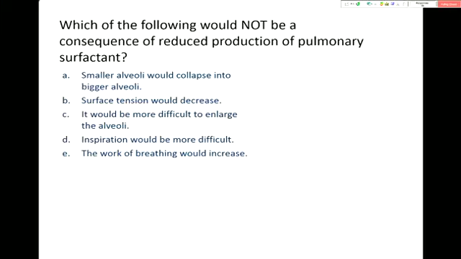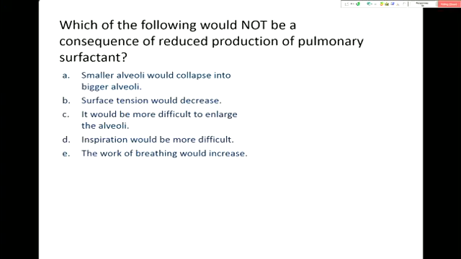If you want to breathe in, you need to enlarge the alveoli, and if the water molecules' cohesive forces are too strong, you can't do it. So we need something to weaken those cohesive forces, and that's where we produce surfactant. It's kind of like a detergent.